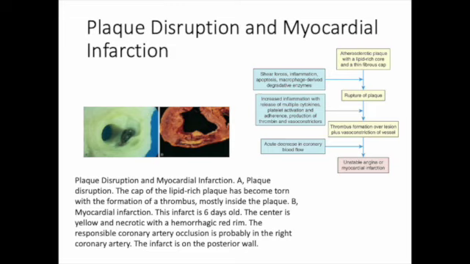Looking at a more algorithmic progression, we have the plaque, this lipid-rich core. Again, the shear forces of inflammation, apoptosis, macrophage degradation, plaque ruptures. Then, in response to the plaque rupturing, we're going to have the inflammation response. We're going to have cytokines, platelet activity, and adherence.